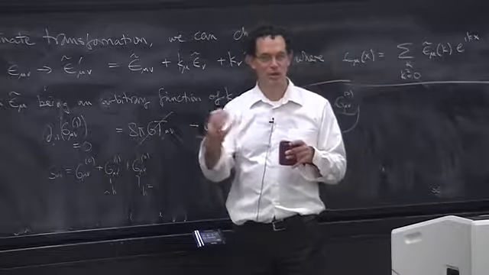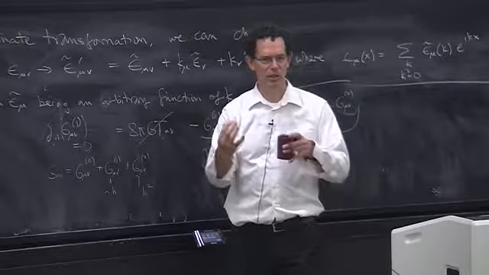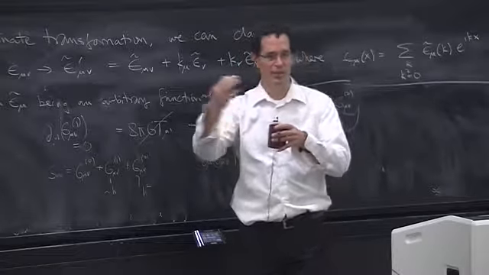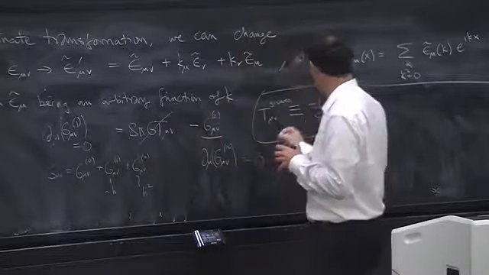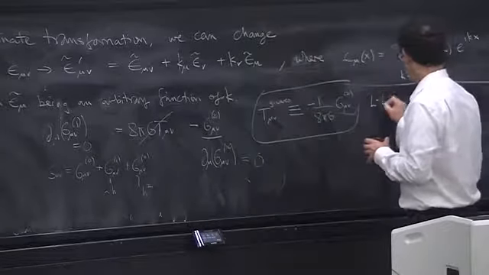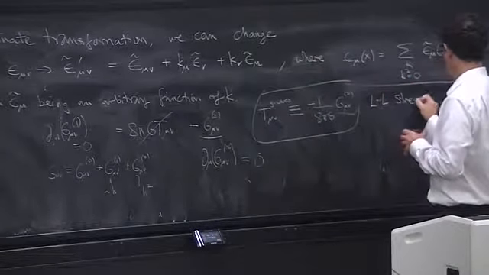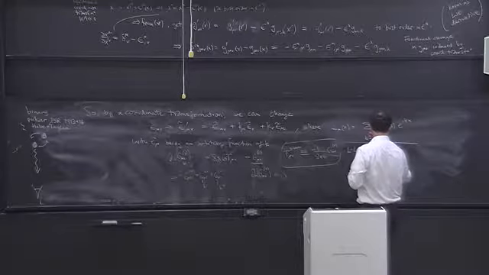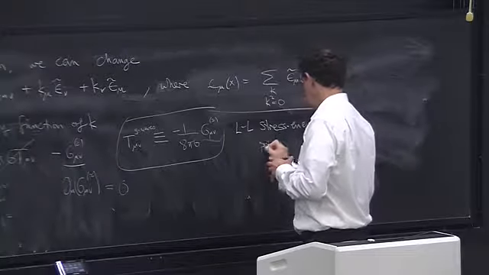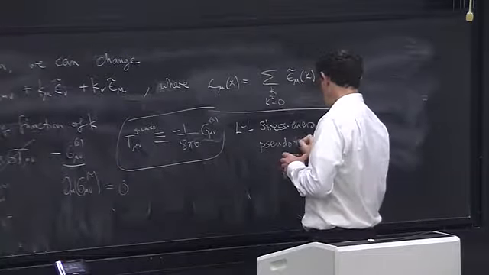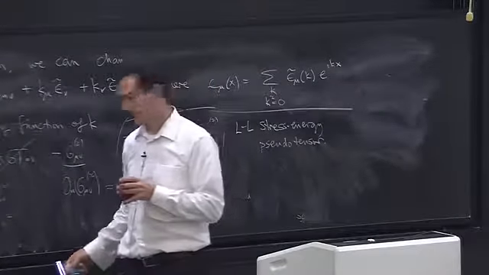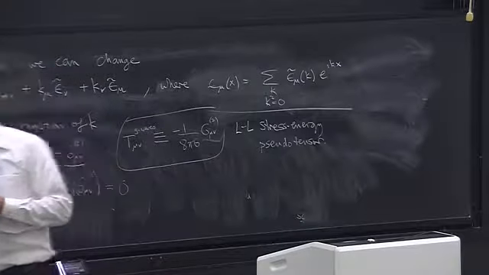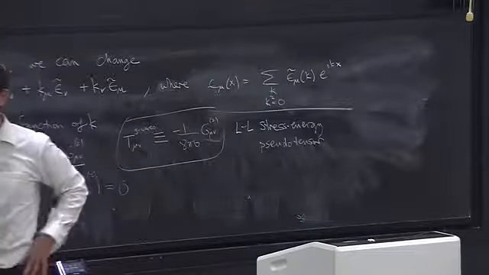By coordinate transformations, you can exchange the linear h for the second order h. The whole thing gets tangled up. So this is called the Landau-Lifshitz stress energy pseudo-tensor. But it is ordinarily conserved. So my source term is G mu nu second order.